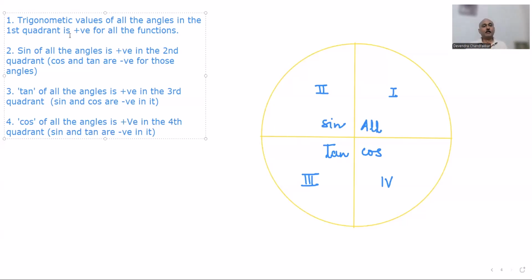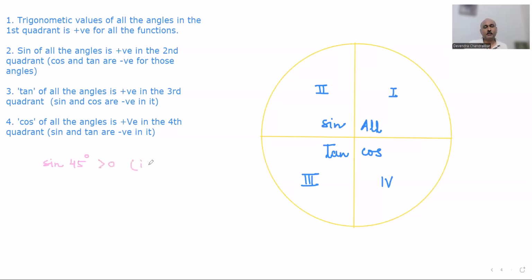Okay. So I'll just help you with this; I'll elaborate this point here. Say for example, all of you please pay attention. बच्चों ध्यान दो बेटा सब लोग, हाँ? If I ask you the nature of the value, मतलब positive है कि negative है, of sine of 45 degrees, it is always greater than 0.